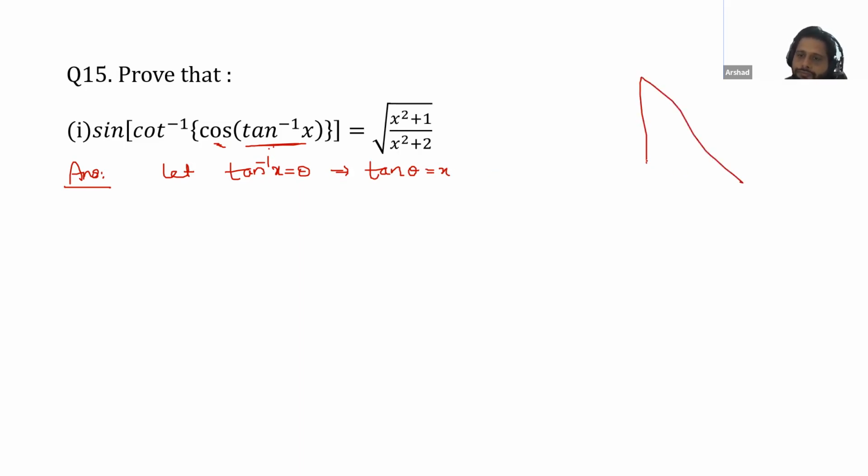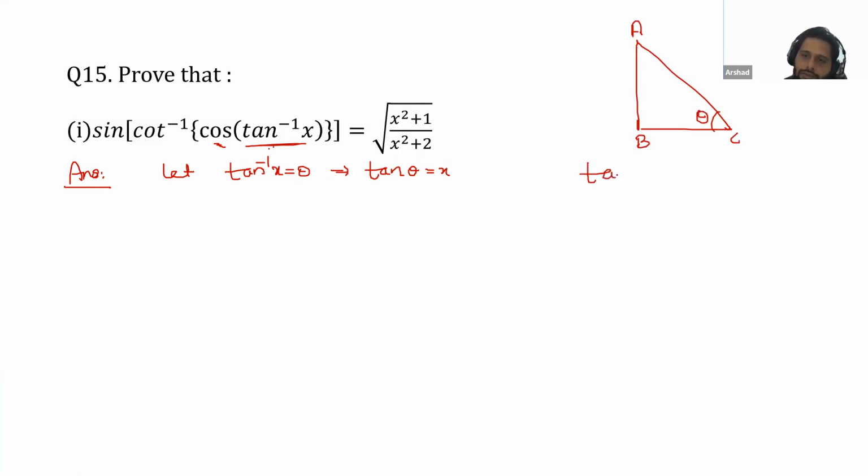Now, let this be theta. This is A, this is B, and this is C. This is theta.